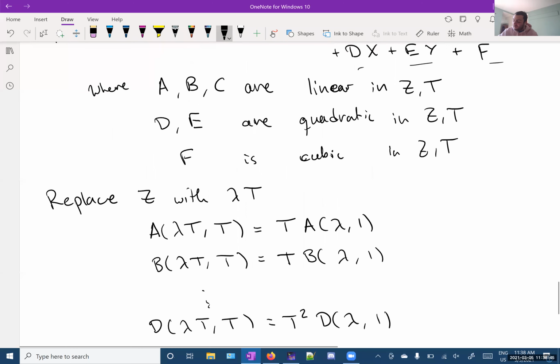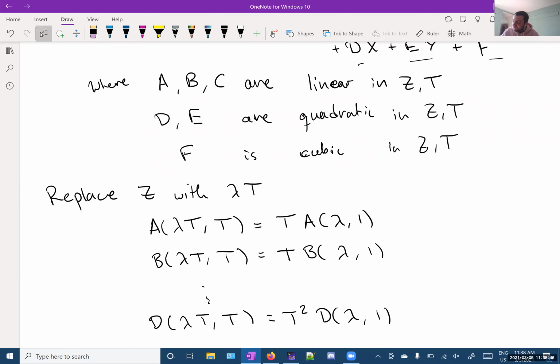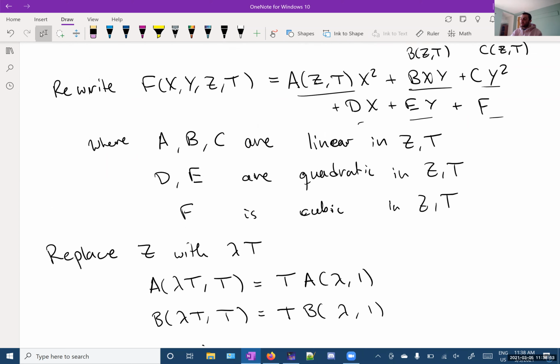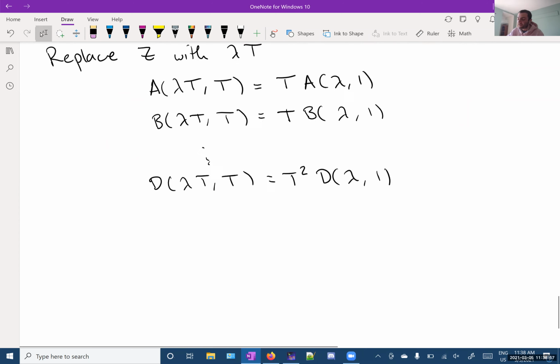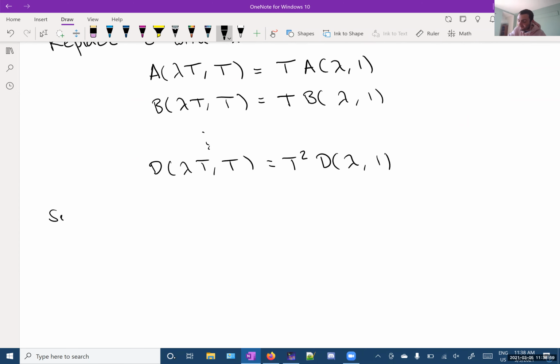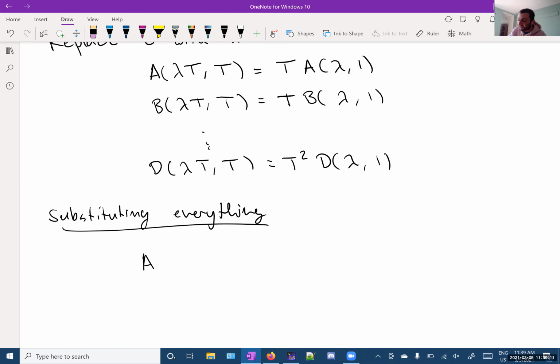Okay, so this is what happens when we restrict to the plane P. We've restricted this equation to our plane P. So let's see what it looks like. Substituting everything in, what do we get? I'm just going to write A, B, C and so on.